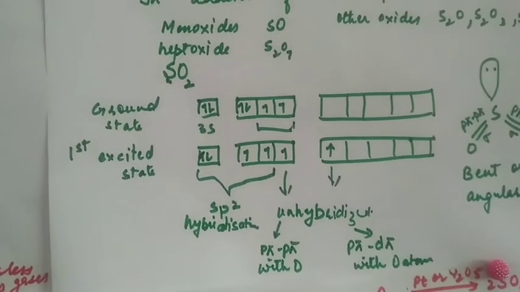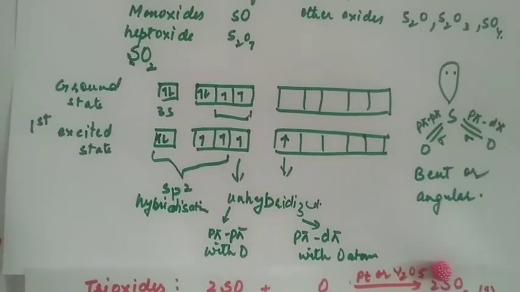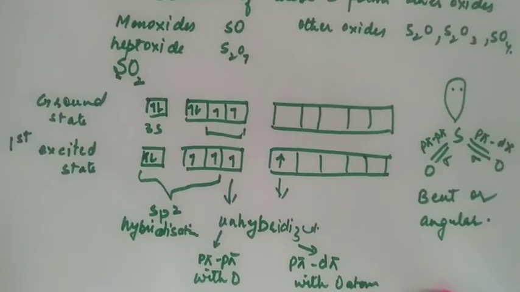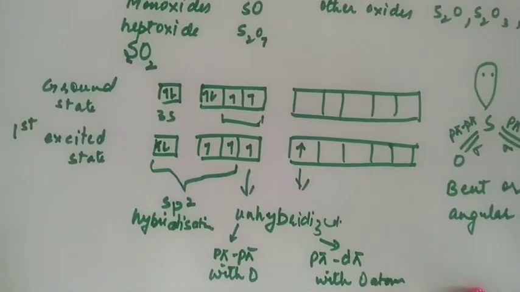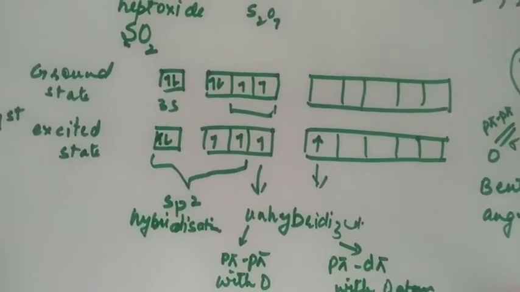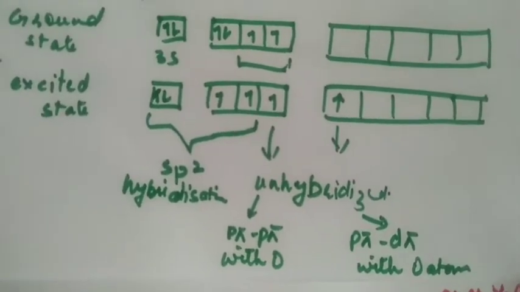There are two half-filled orbitals, but in the first excited state the electron from 3p jumps to the 3d orbital, and then the 3s and 3p orbitals undergo sp2 hybridization.